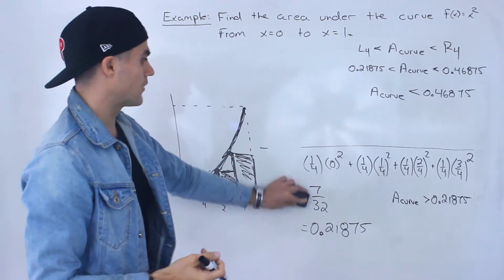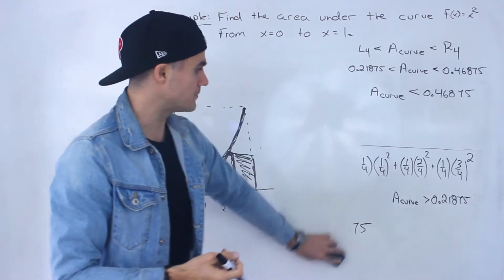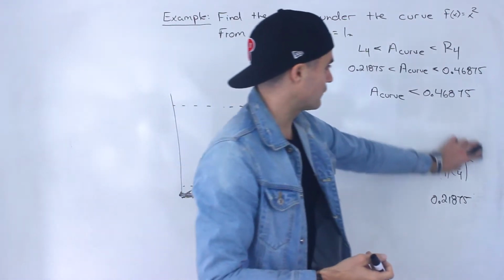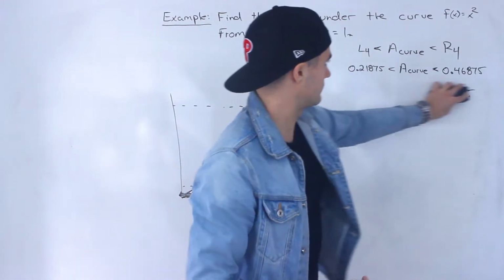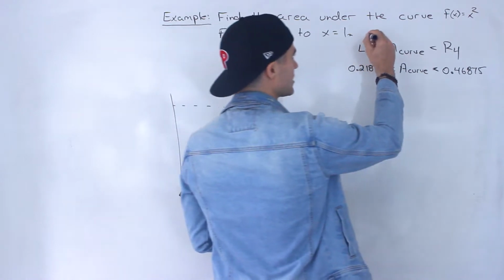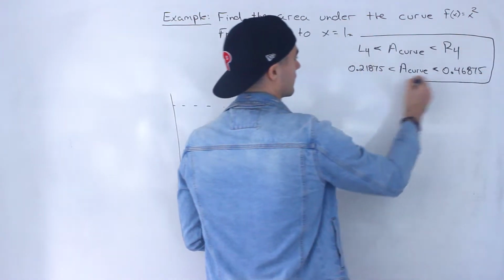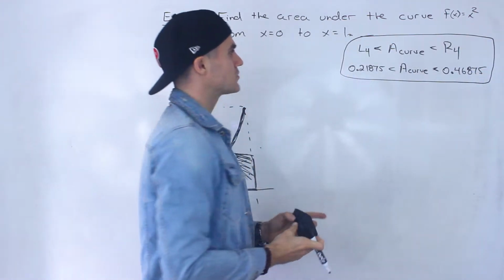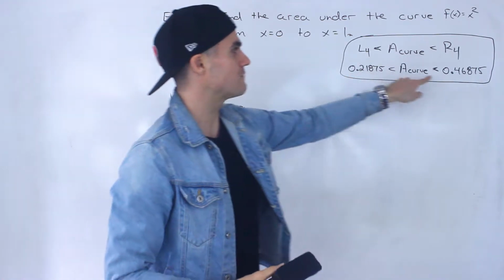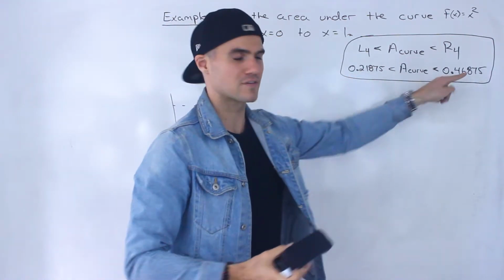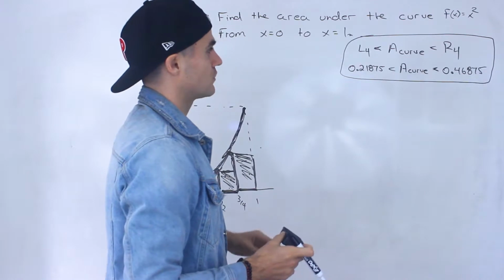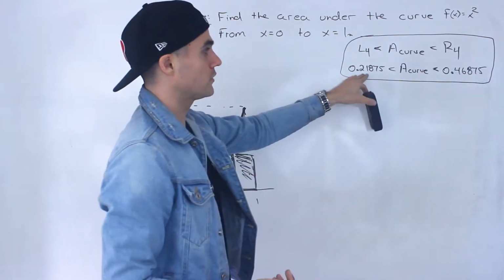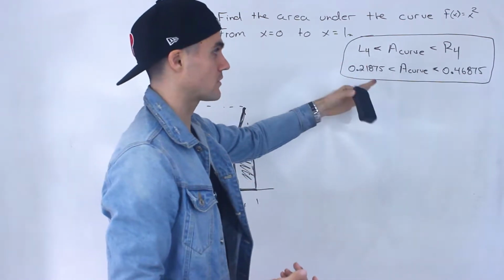Now, what's the problem though? The problem is that this interval here is actually quite large. Between 0.21875 and 0.46875, it's kind of a large interval. So where is it going to be? Is it going to be at 0.22 or 0.29 or 0.3 or what?